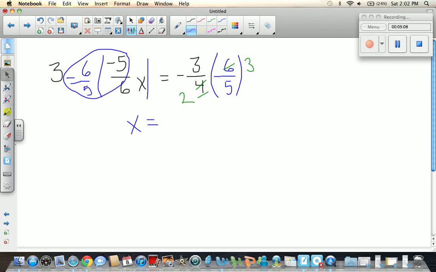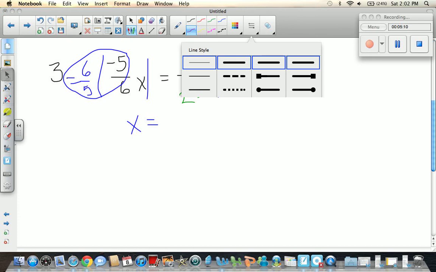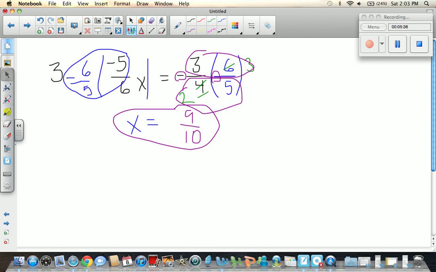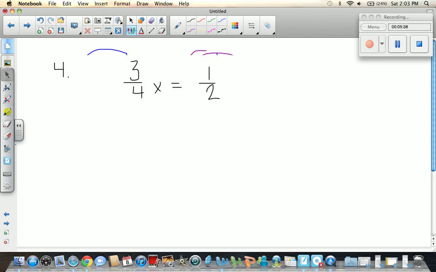And then we'll go ahead and multiply across. So we take the 3 times the 3, and we get 9. And then the 2 times the 5, you get 10. And since this was a negative number multiplied by a negative number, the result is going to be positive. So your answer is going to be positive 9/10.